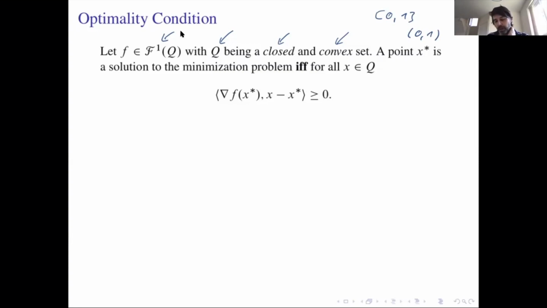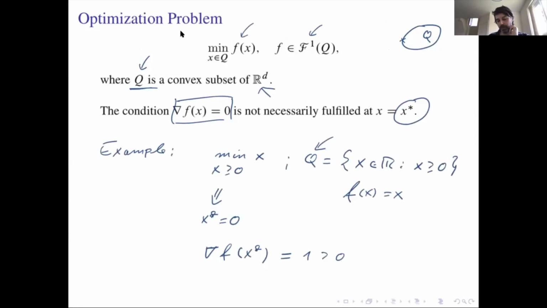If for all x in Q, so here we have to compare to all other points, it's not sufficient anymore to just look at the gradient at x star, but we have to compare to all other points. So if the gradient at x star, evaluated in direction x minus x star, is greater or equal 0. So for instance, in this problem here, the gradient in any direction x, which lies in Q, so these are all positive numbers.